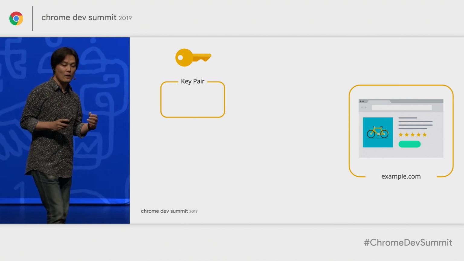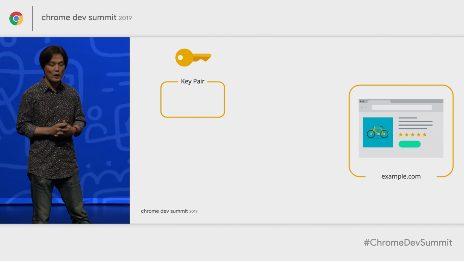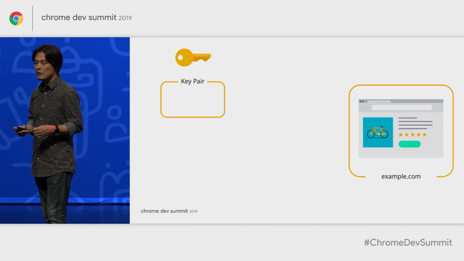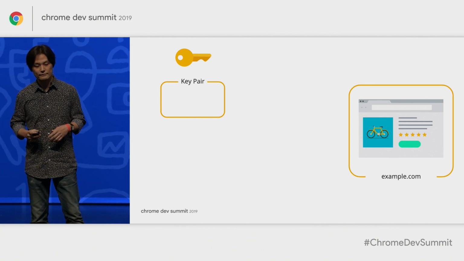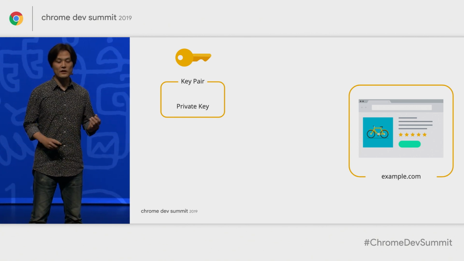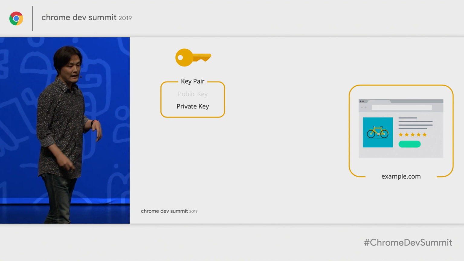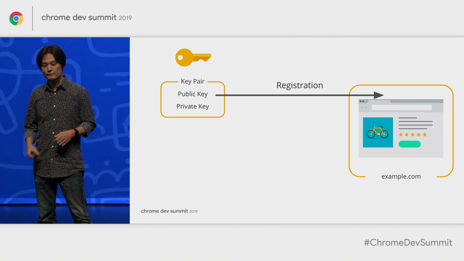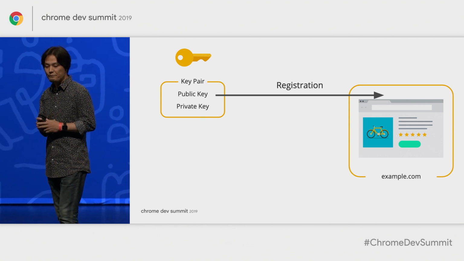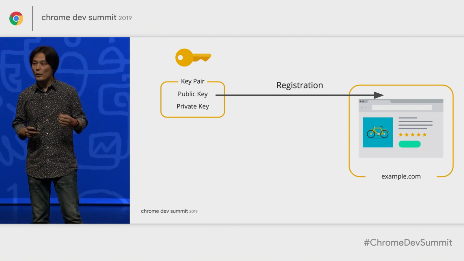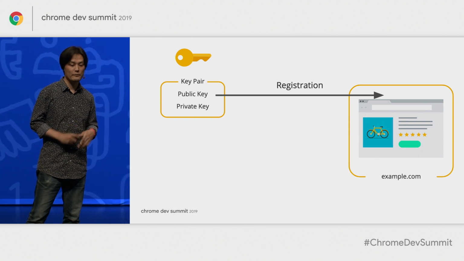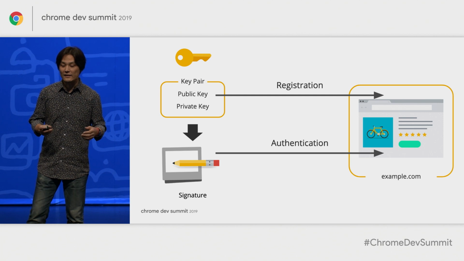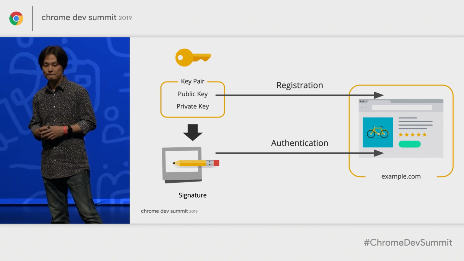WebAuthn is based on public key cryptography. A user can register an authenticator with a website by generating a key pair, keeping the private key in the authenticator, and handing the public key to the website. Upon signing in, the authenticator can generate a unique signature so that the user can prove to the website that the authenticator is present.